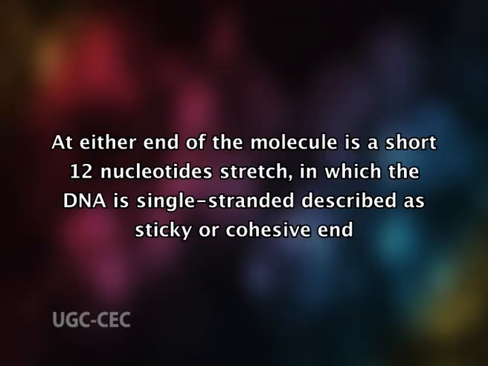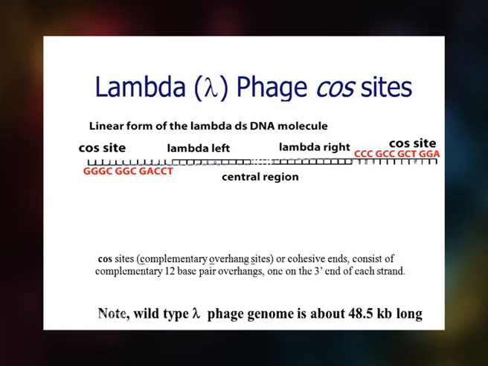However, at either end of the molecule is a short 12 nucleotide stretch in which the DNA is single-stranded, described as sticky or cohesive end. These cohesive ends are known as COS sites, which are complementary to each other. These cohesive or sticky ends enable circularization of lambda genome after infection during packaging.